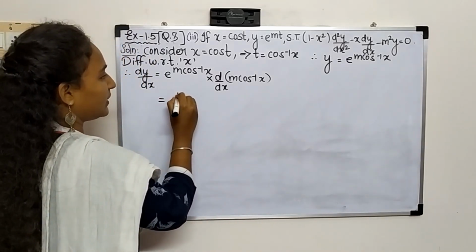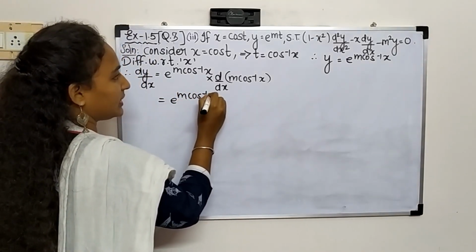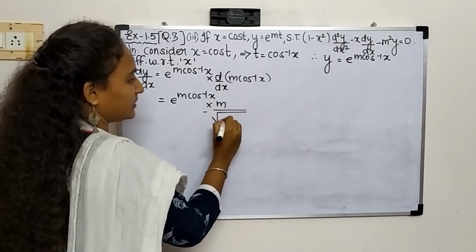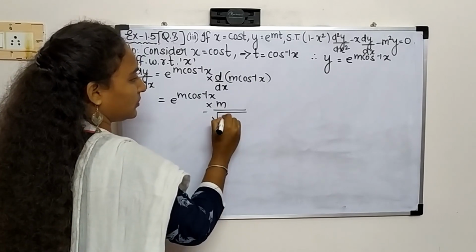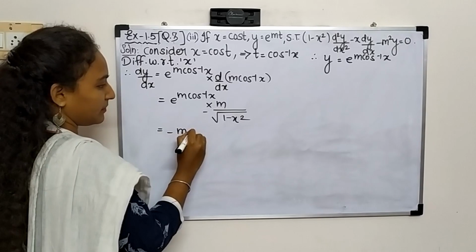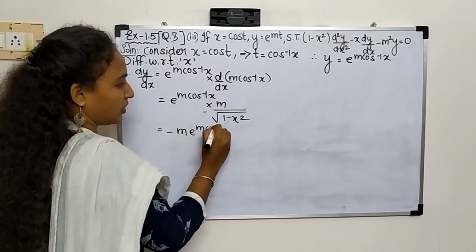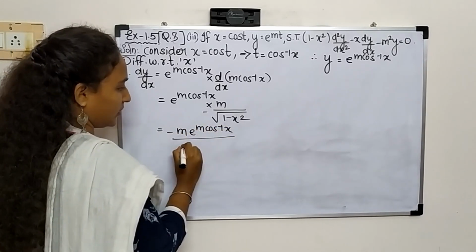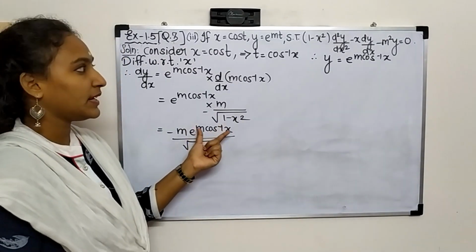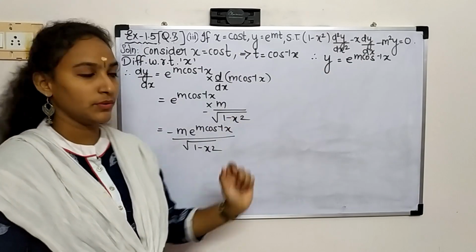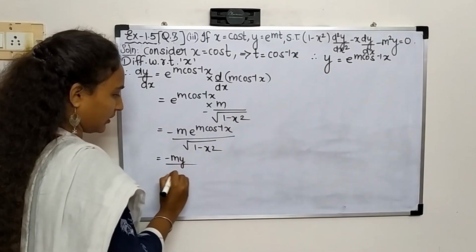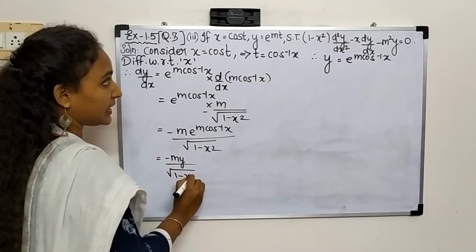So this is e power m cos inverse x into m upon minus root of 1 minus x square. So this is equal to minus m e power m cos inverse x upon root 1 minus x square. For e power m cos inverse x, we can substitute y. So this is equal to minus my upon root 1 minus x square.